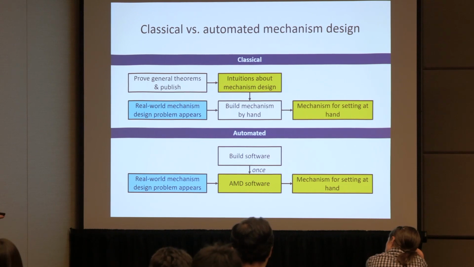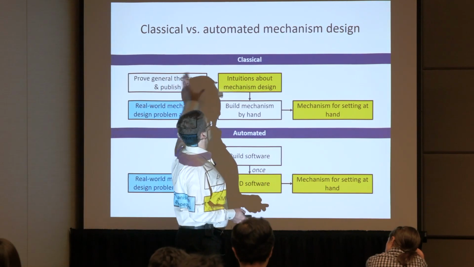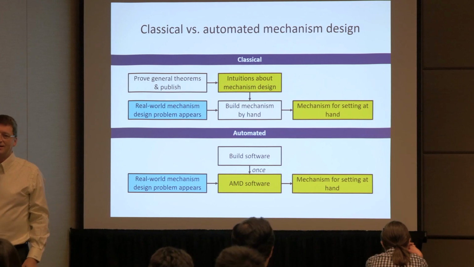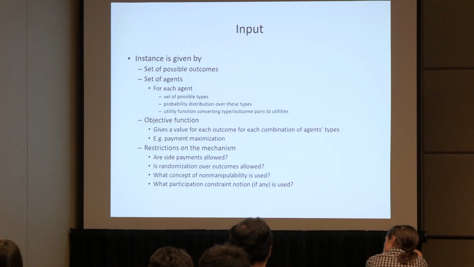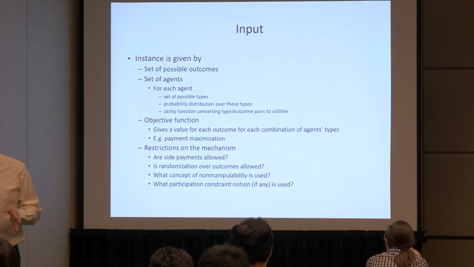We'll say a few words about sponsored search, for example, where by and large the GSP at the high level came through this classical approach, and nowadays there's automated mechanism design at all of the sponsored search companies where they tweak the parameters algorithmically in various ways. Okay, now I'm going to talk about three different strands of automated mechanism design.